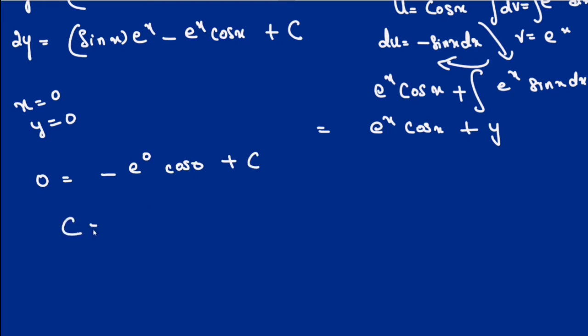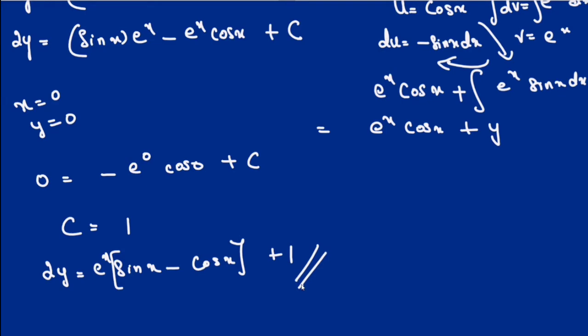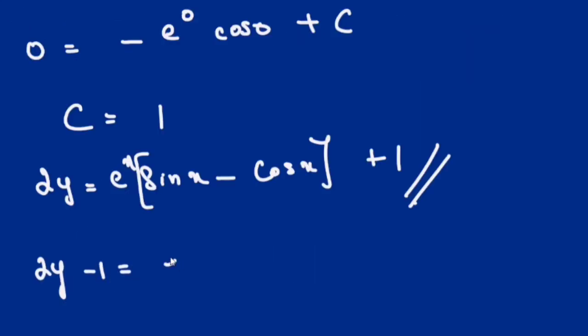So c is equal to 1. So put it back. 2y is equal to sin x e power x minus cos x e power x plus 1, you can take e power x out: 2y is equal to e power x into (sin x minus cos x) plus 1.